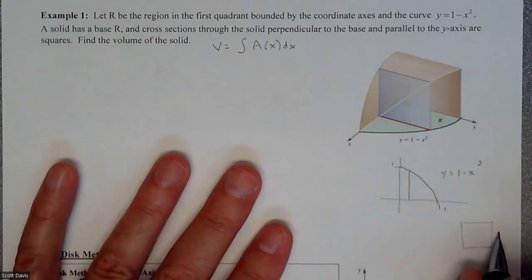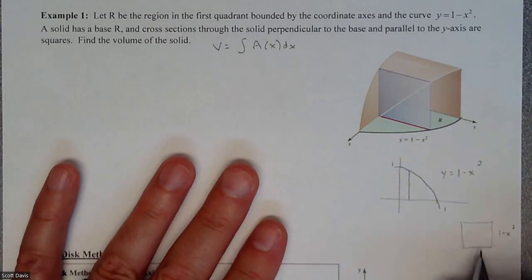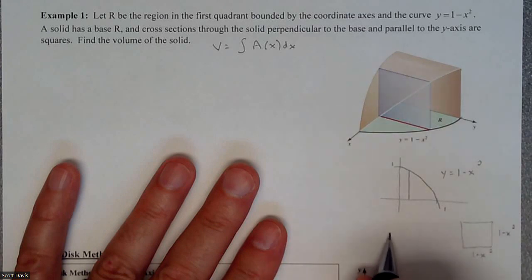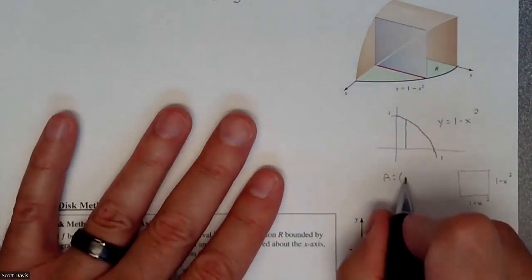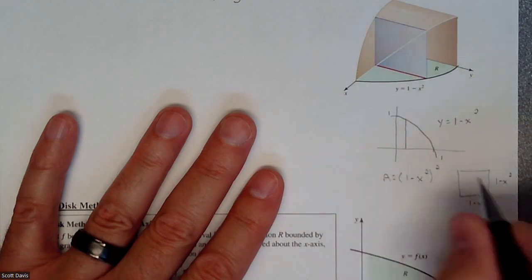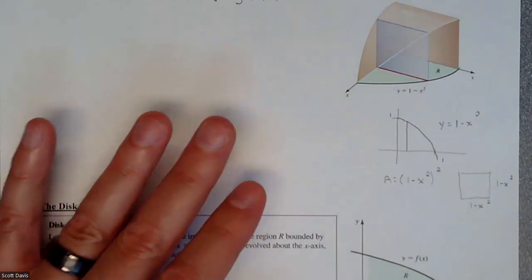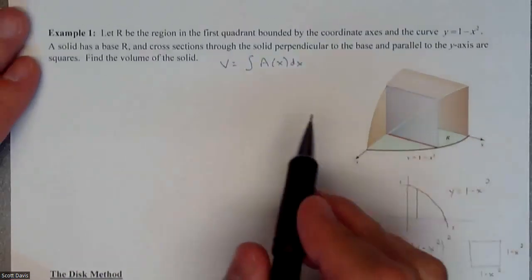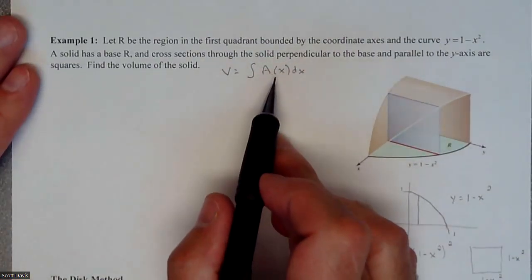This height is going to be 1 minus x squared. But since it's a square, the width is also going to be 1 minus x squared. And so our area is going to be 1 minus x squared times another 1 minus x squared, giving us (1 minus x squared) squared. All right, so that's our area formula. That's what we're going to do the integral of.